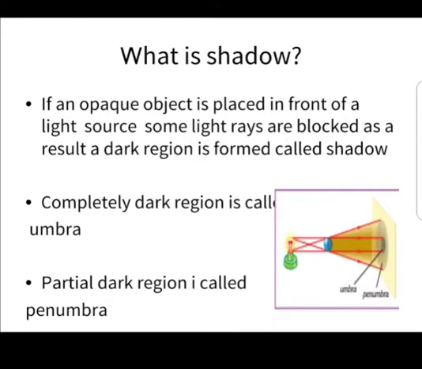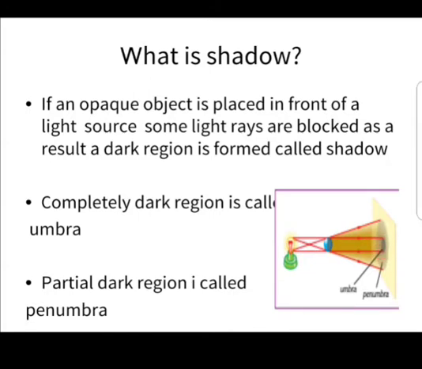What is shadow? If an opaque object is placed in front of a light source, some light rays are blocked. As a result, a dark region is formed that is called shadow. We have two parts of the shadow. Is the completely dark region that is called the umbra, and in the figure is this part here.